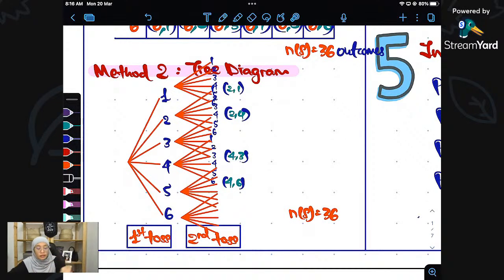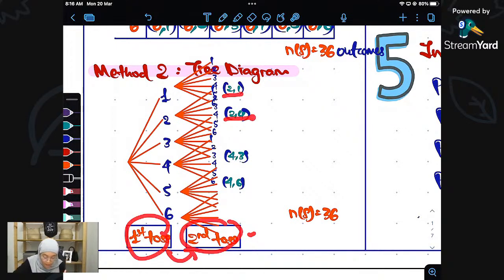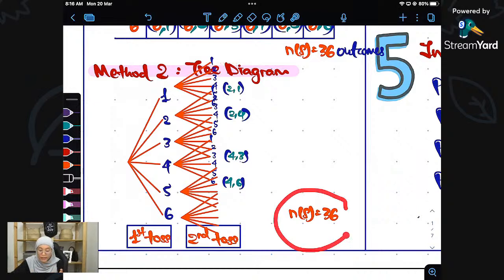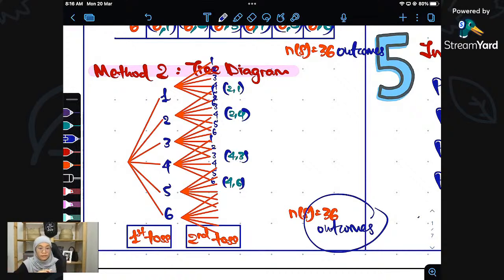The first toss of course will be related to the second toss because we want to find what outcomes happen. And in fact when you calculate it, counting one by one, you will get 36 outcomes as well. This is just by using the technique of a tree diagram. A tree diagram is a bit difficult to write.